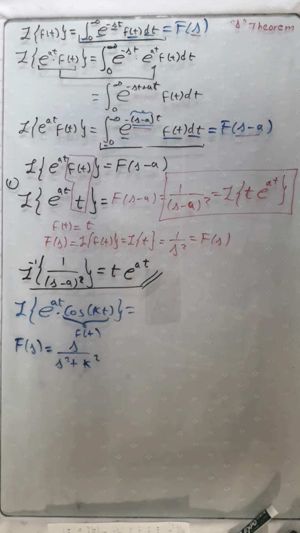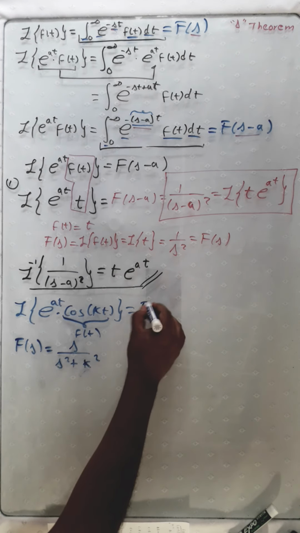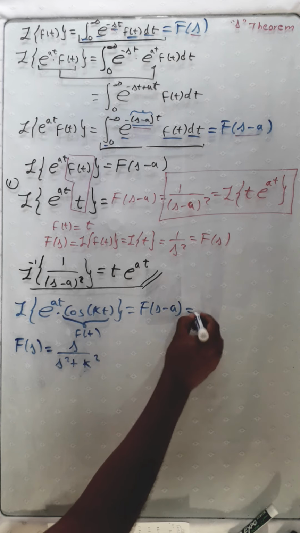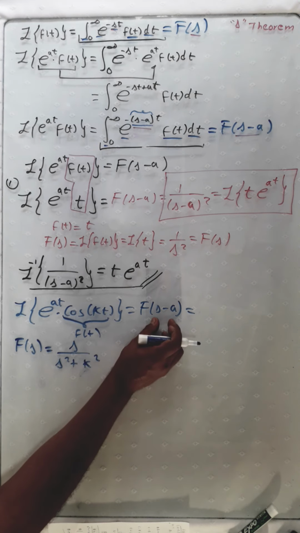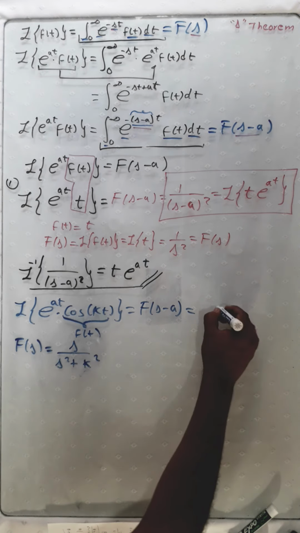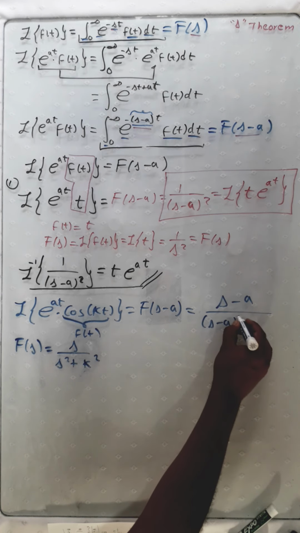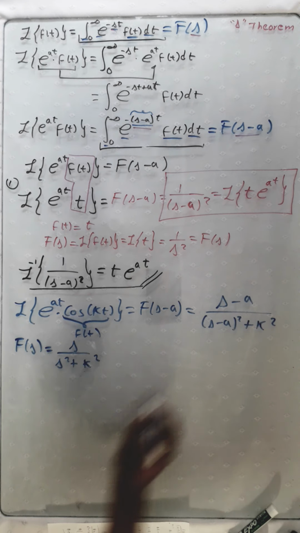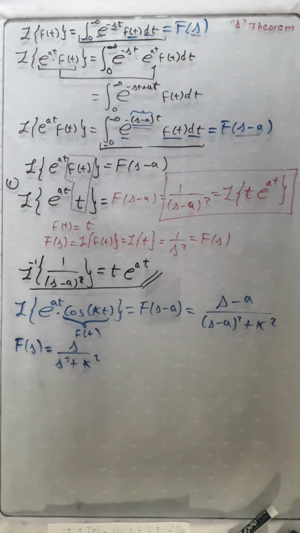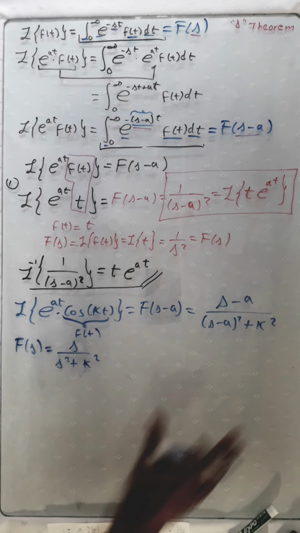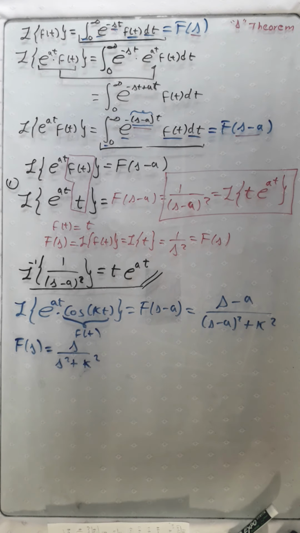Now, because this is f of s minus a, you just replace the value of s minus a here, and you will get s minus a over s minus a squared plus k squared. And here you got another formula. The Laplace transform of the exponential times the cosine is equal to this. Now you can develop the Laplace inverse.